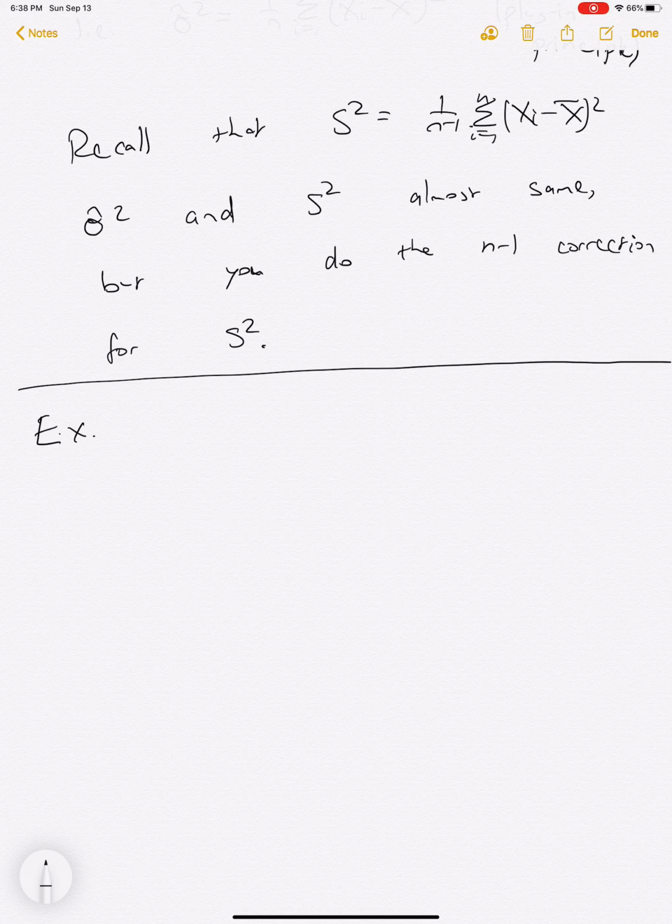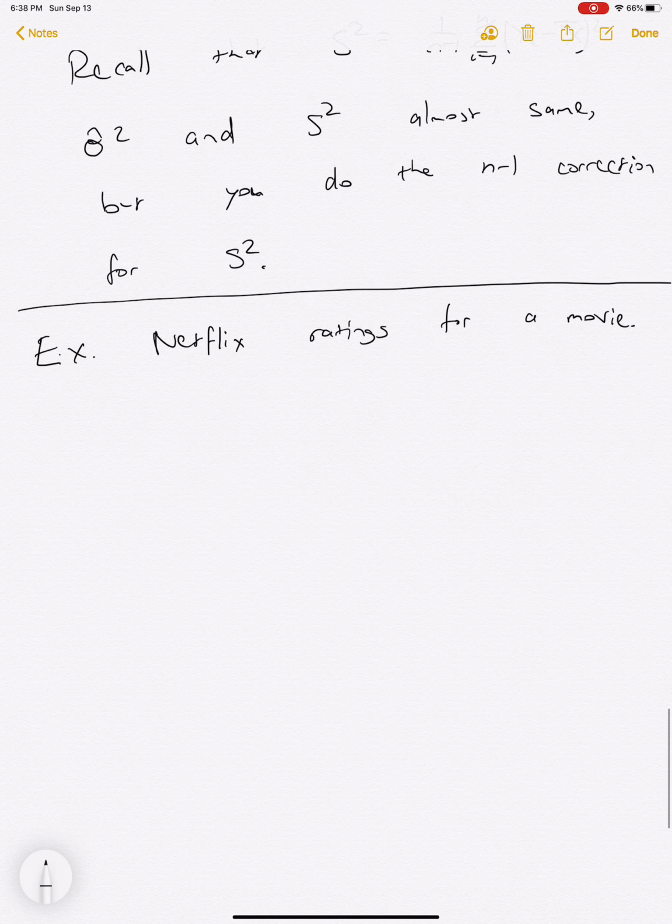So if we return back to the Netflix example, if we wanted to look at the Netflix ratings for a movie, remember that rating 1 had 270 people.